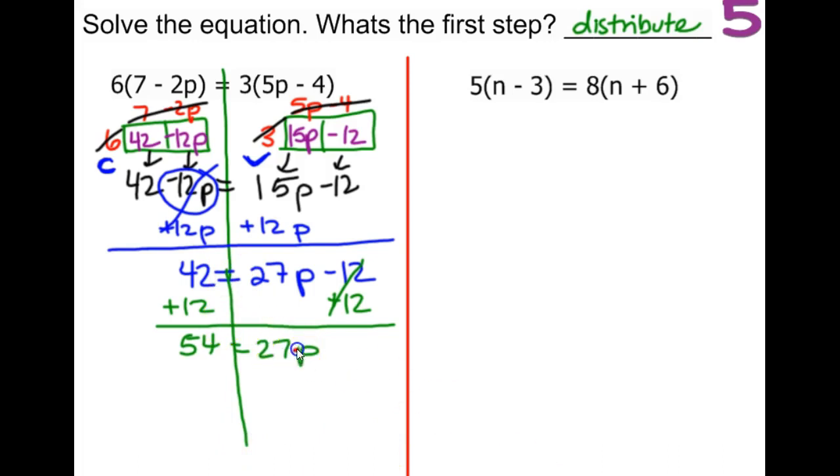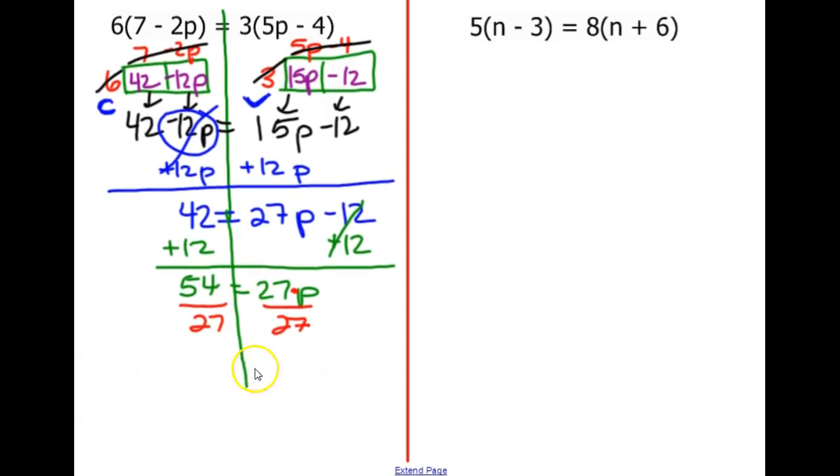And then last, the opposite of multiplying by 27 is dividing by 27. Now you might want a calculator for this one. Some of us might not know what 54 divided by 27 is, but it should give us a nice 2.